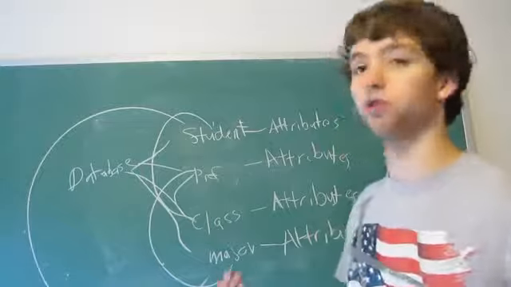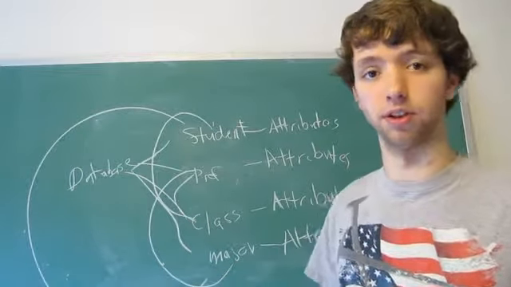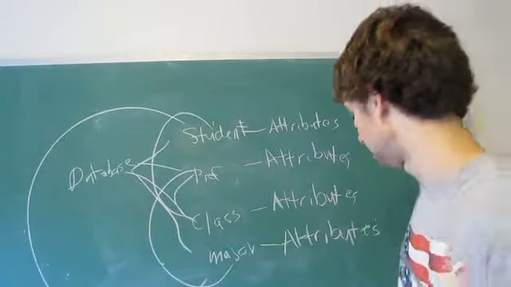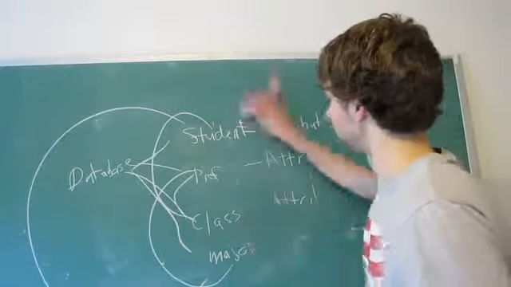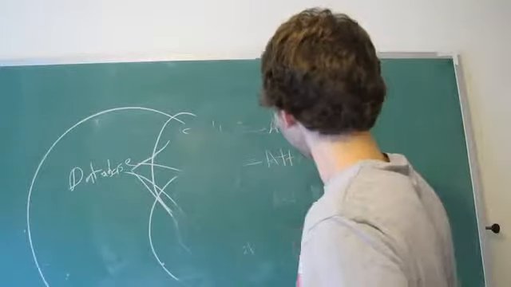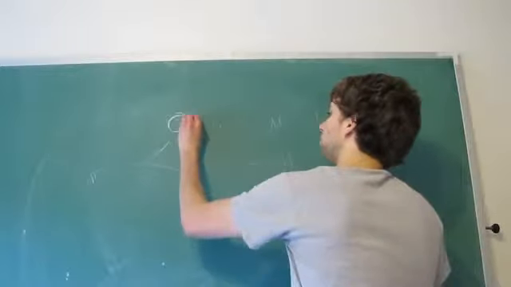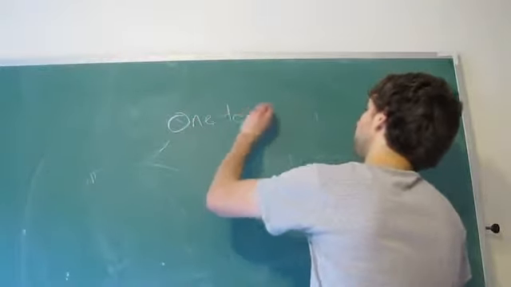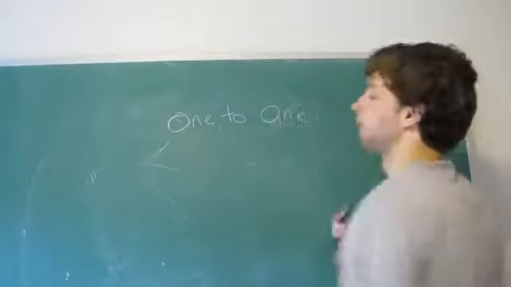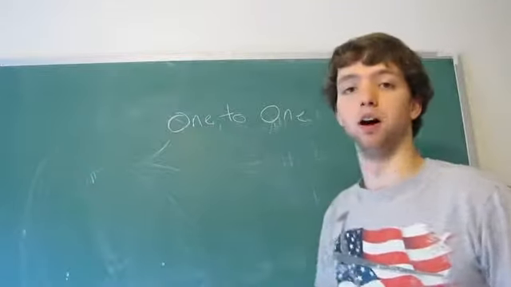So I just wanted to introduce the idea of relationships in this video. The next video will be talking about a specific kind of relationship. So one-to-one. That is a type of relationship.